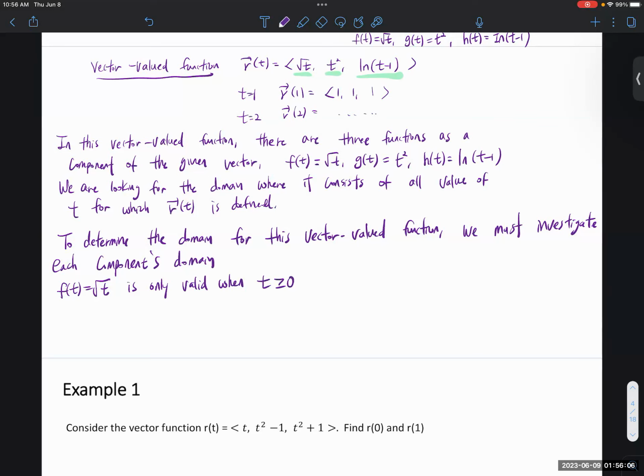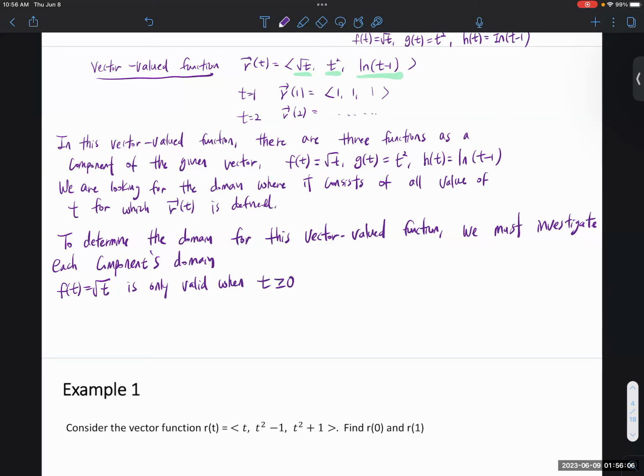So it means you have f and g, and I'm looking for the limit as t approaches 3. So this means you're going to take the limit of each component, t squared minus 3t plus 4, comma the limit of 4t plus 3. So always the first methodology is direct substitution.